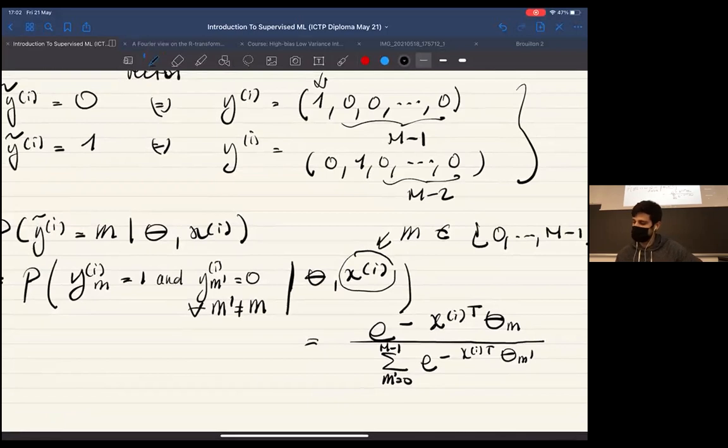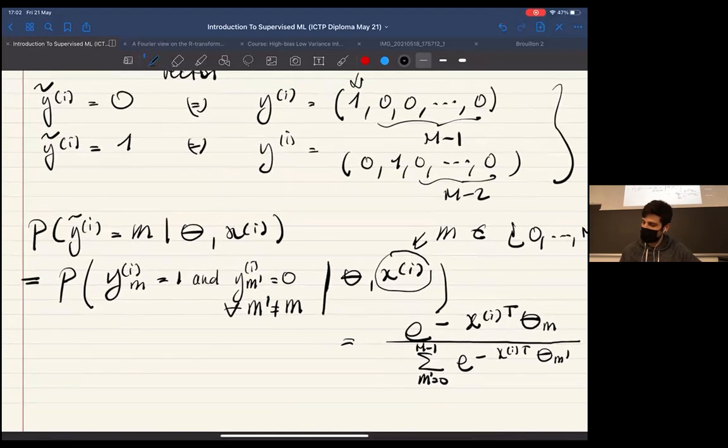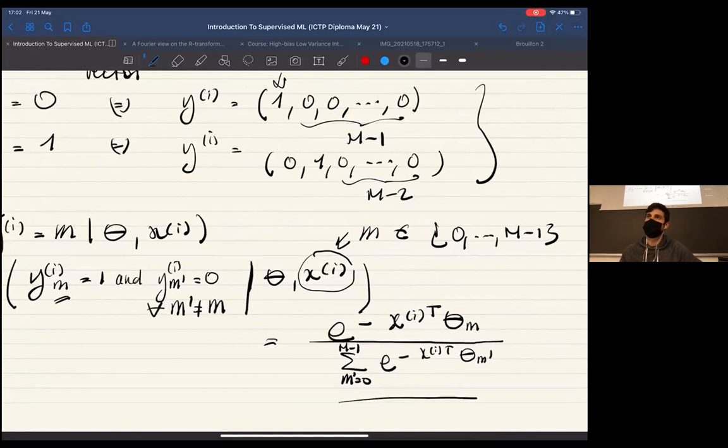You see that this probability is normalized. In which sense? It's normalized in the sense that if you are summing over all possible values of M these probabilities, it will give 1. This means that if the numerator is very close to 1 for a certain class, it will be necessarily very close to 0 for the other classes.